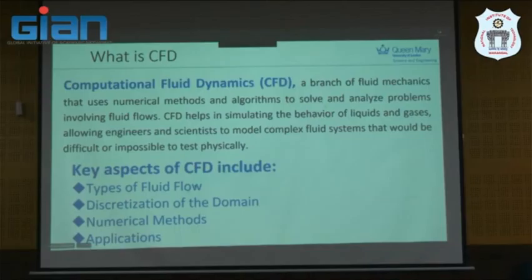And the third one is the numerical method. I think CFD always uses methods like the finite volume method, we call it FVM, to approximate the solution of the governing equations.